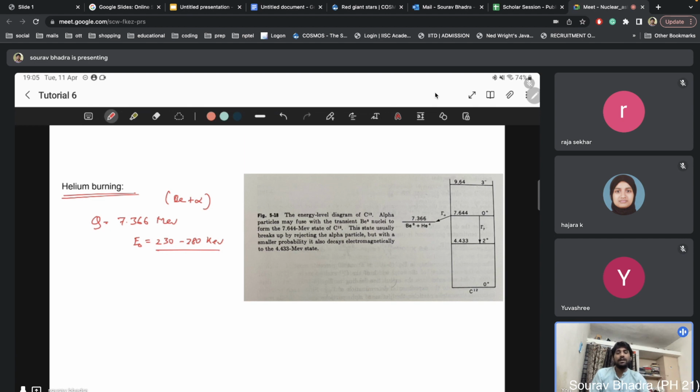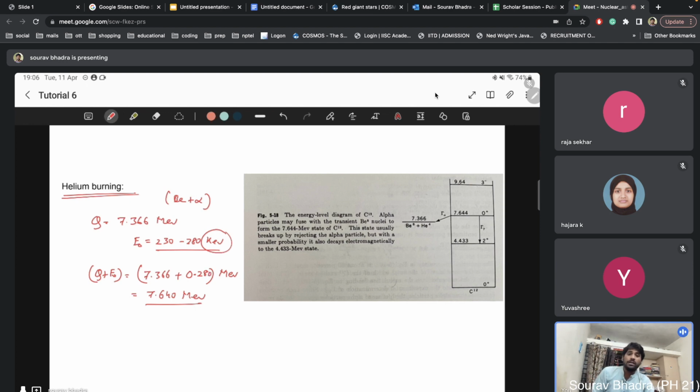Around this 230 to 280 keV the maximum reaction occurs. Now if you add Q plus E0, that is 7.366 MeV plus, converting keV into MeV, just taking the upper limit 0.28 MeV, that will give you roughly 7.640 MeV.